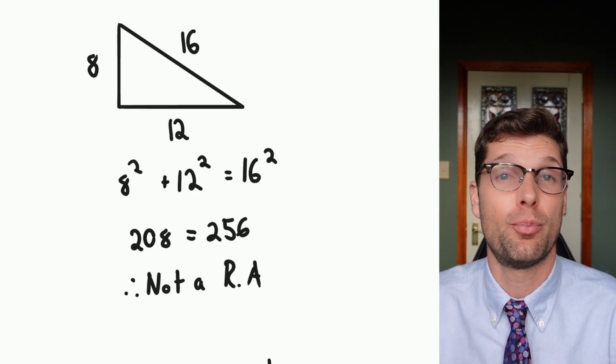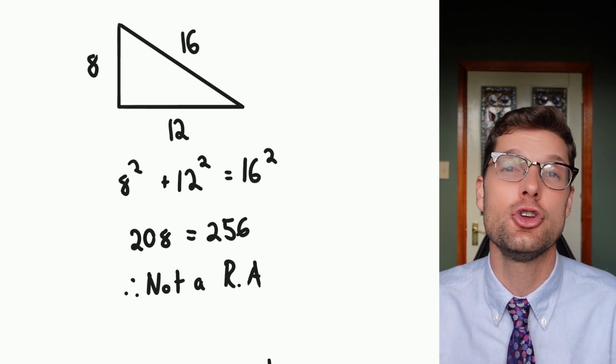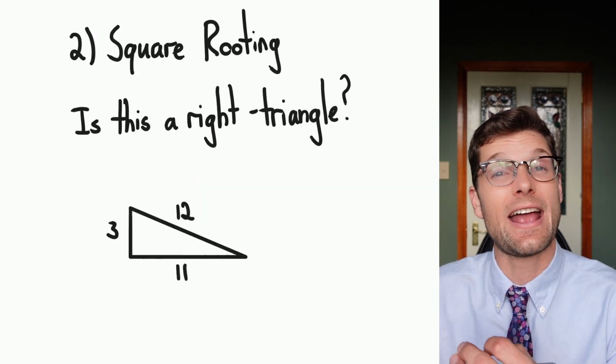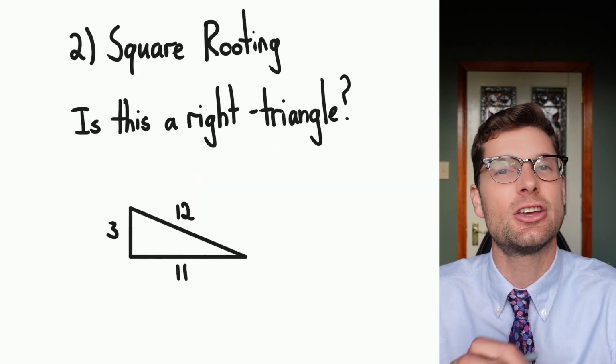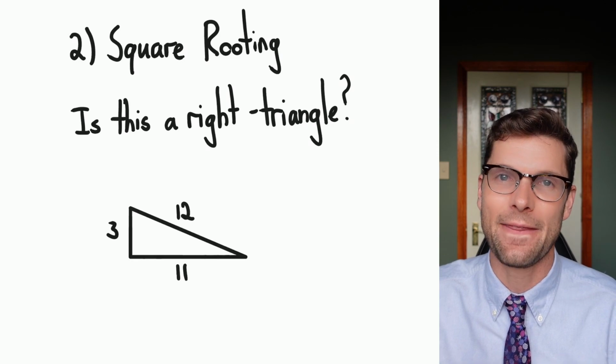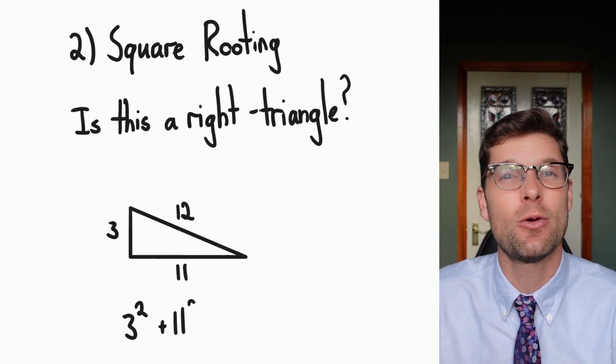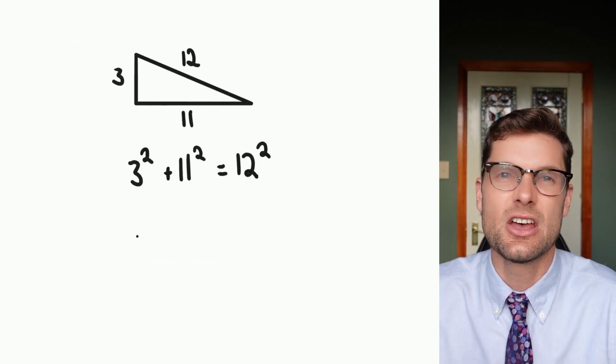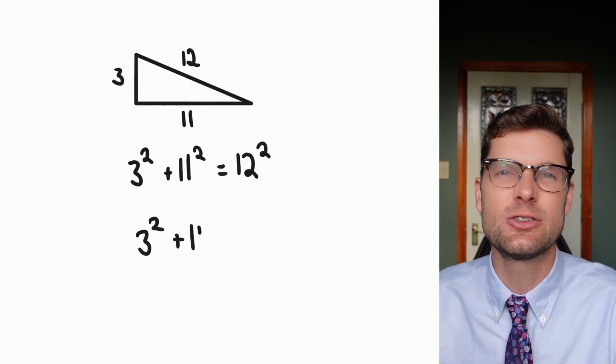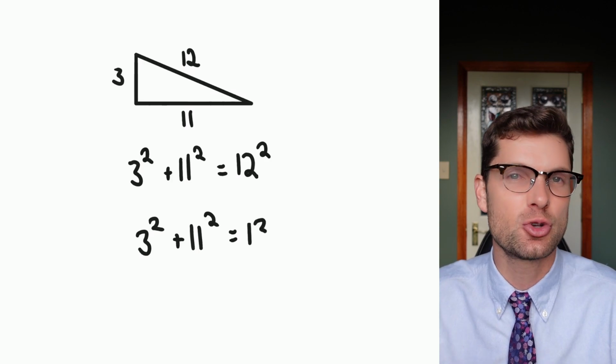And that is all the proof or justification that you need to show. The second type, you could actually square root the answer and then compare it to the number you were given at the start. For this one, I've got 3 squared plus 11 squared would have to equal 12 squared. If I throw this into my calculator, 3 squared plus 11 squared is equal to 130.